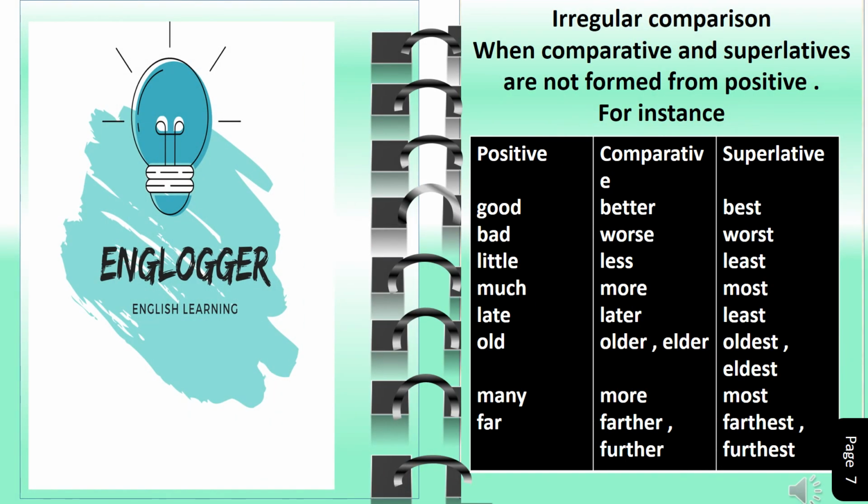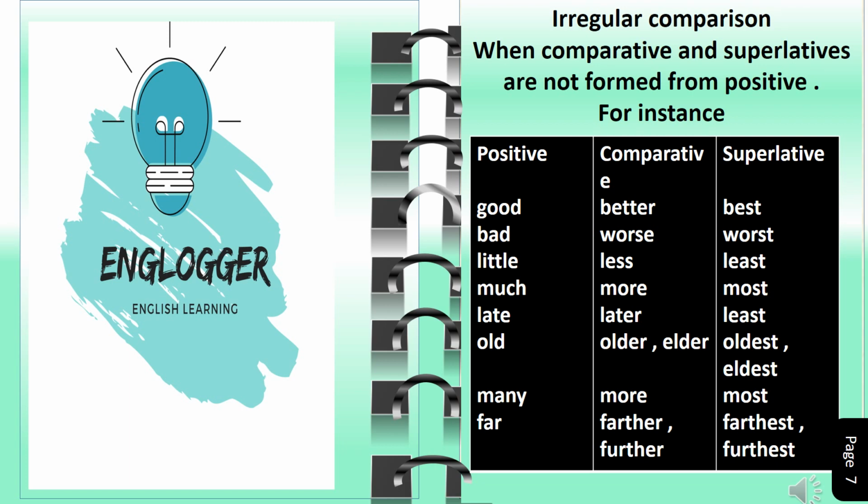Next we have irregular comparison. What is irregular comparison? It means that when we are making the comparative and superlative degree, we are not forming them from the positive degree. That is entirely different from the positive degree.